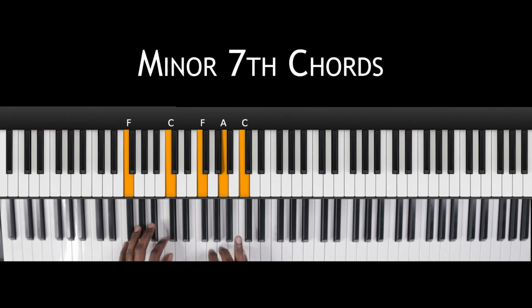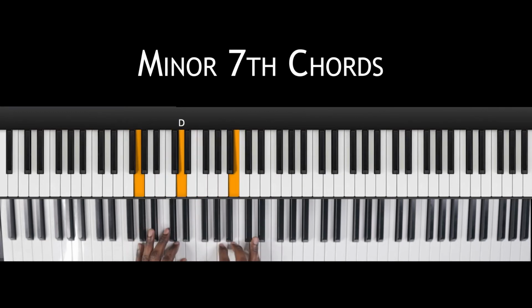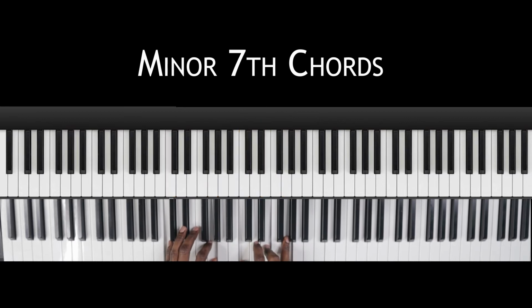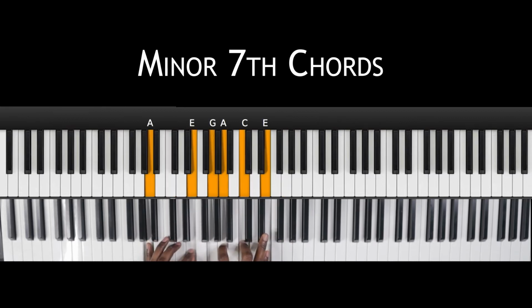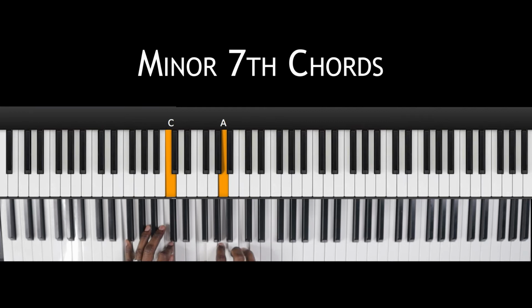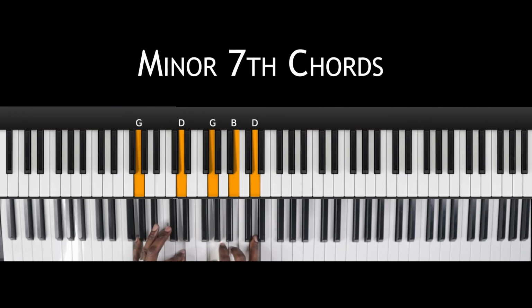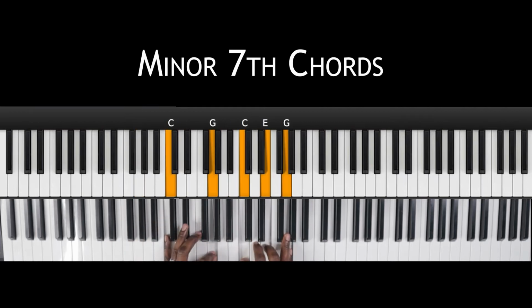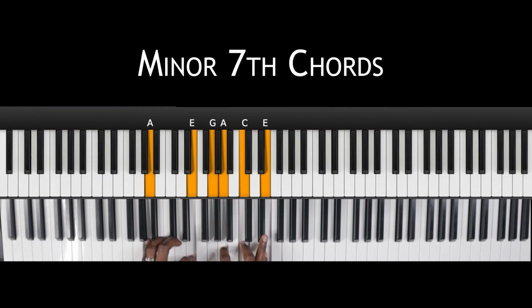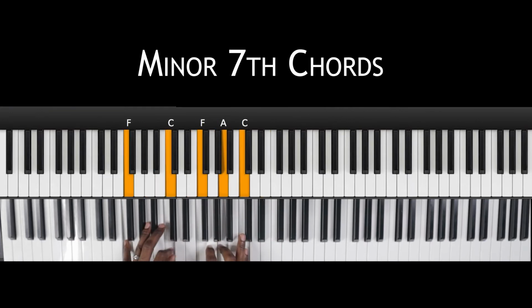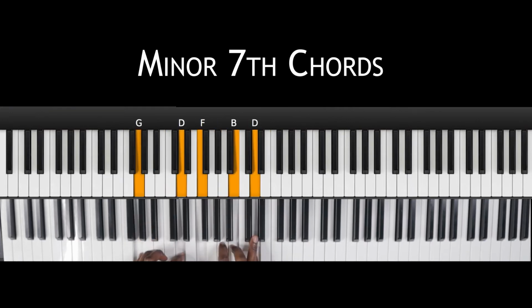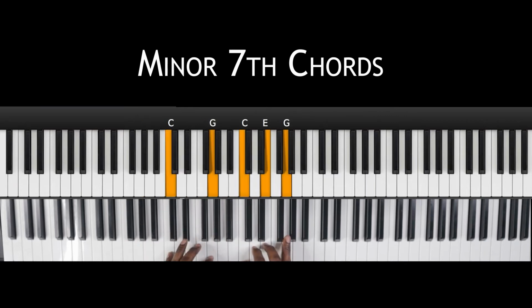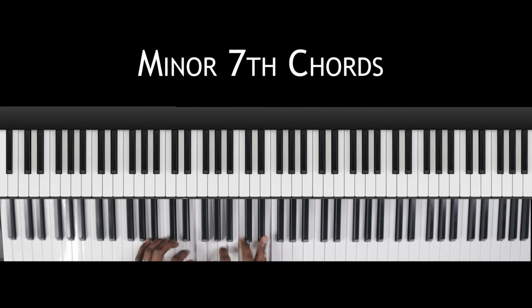The next thing I'm going to do is change the 6th chord to be, there you go, a minor 7th again. So this is our minor 7th, then dominant 7th on the 5, minor 7.